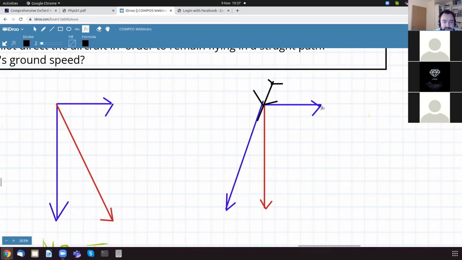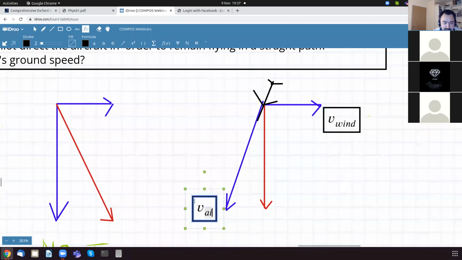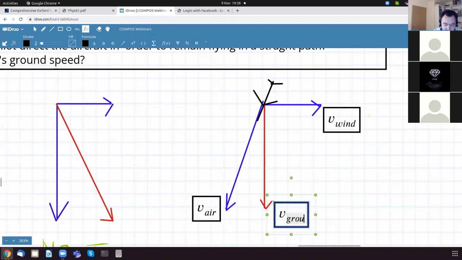We call this the velocity of the wind. This is the airspeed. And this is the ground speed.